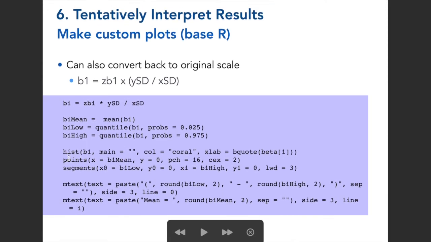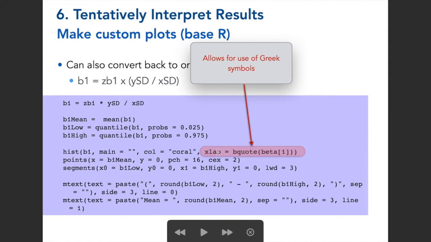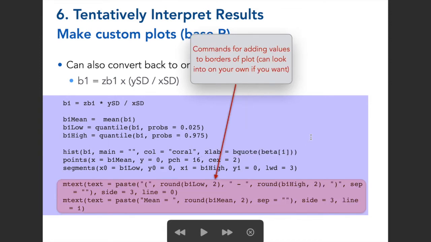So here we're plotting a histogram of our beta 1. I'm just changing the color here. And if you want to use Greek symbols in R, you can use this bquote command. And so this is going to give me a Greek beta with the subscript 1, because this is our beta 1 coefficient.